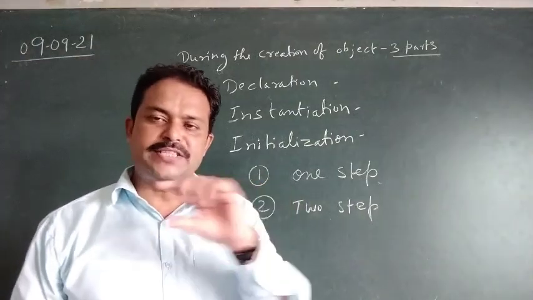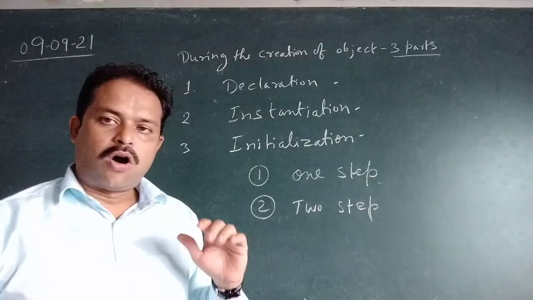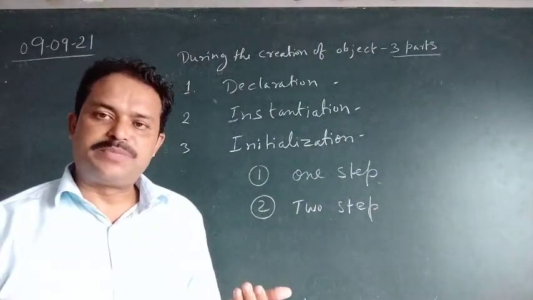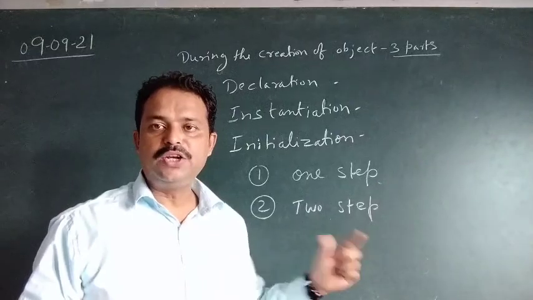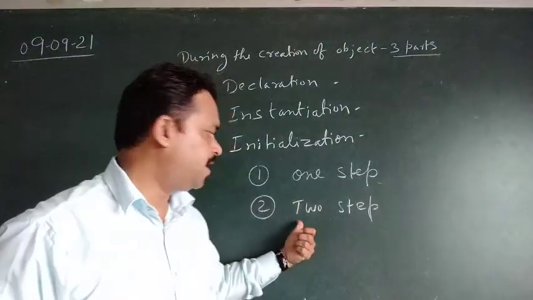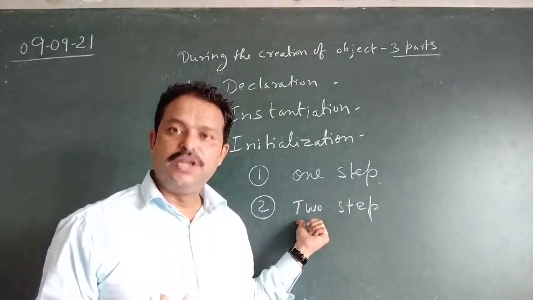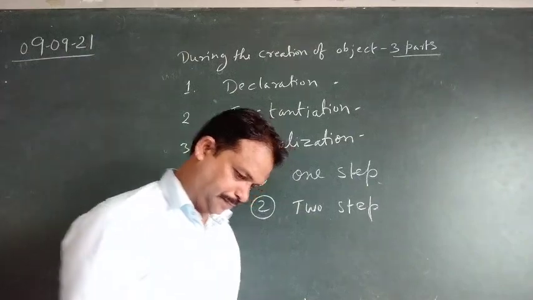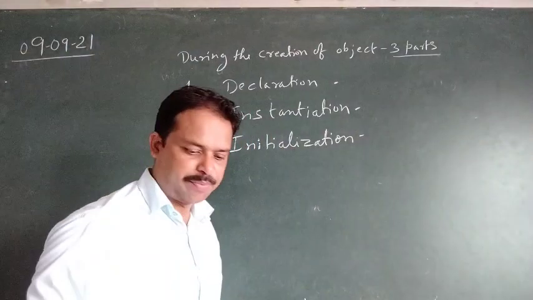In one statement I can create my object, or one more method is there to create the object by writing in two steps. Two steps means two statements. Let us start from here. How can we make an object in two steps? Then I will tell you about one step.